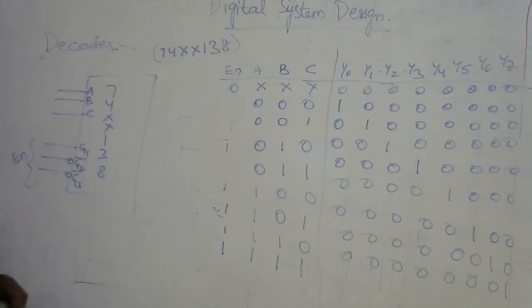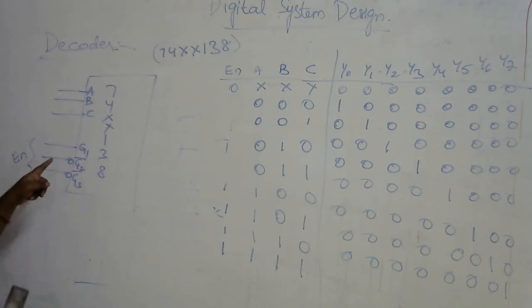Why use so many enable pins? Basically, the first function of an enable pin is to control the circuit functionality. And the second, more important thing is that these enable pins are used for cascading. That means if I want to design a 4 by 16 decoder by using 3 by 8 decoders, then I will be using these enable pins in order to expand the decoder size.